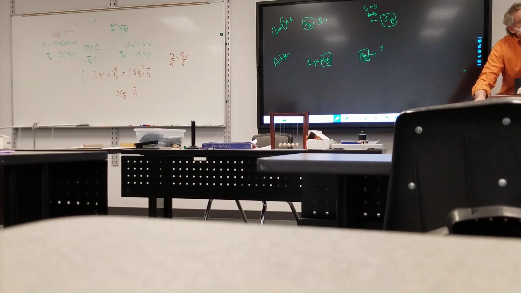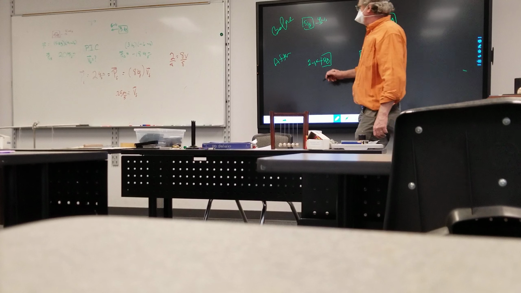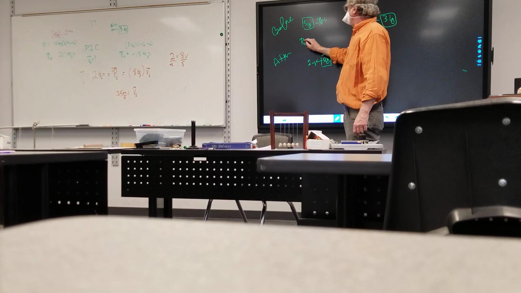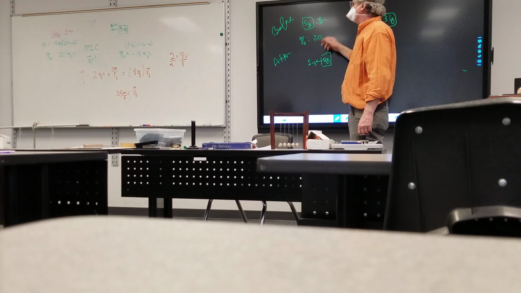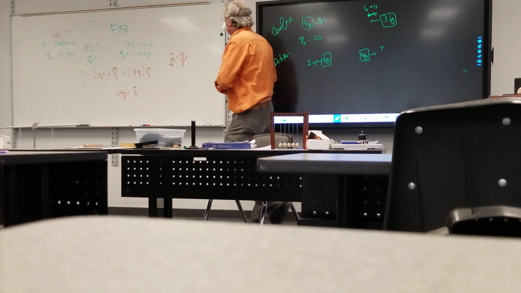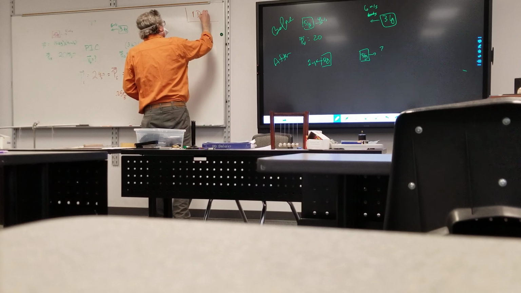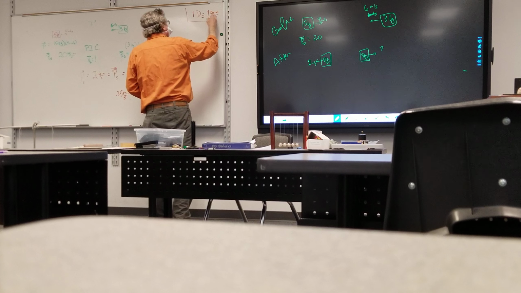Okay, so we have P initial, 20. I get tired of writing, so I'm going to define 1 Descartes to be 1 kilogram meter per second.